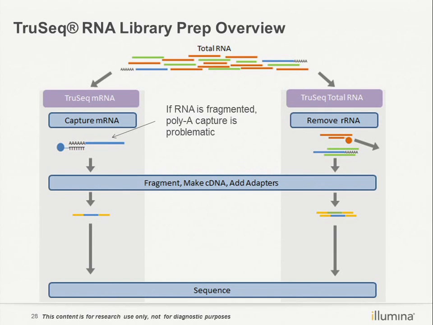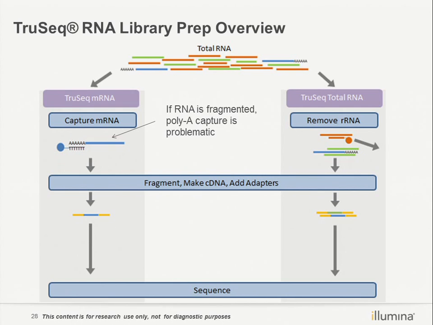So the messenger RNA close to the 3' end will be captured, while those far from the 3' end, because of the fragmentation, won't be captured and won't be sequenced. You'll miss quite a lot of information. So this method is workable for samples with good quality. Then this one seems better.